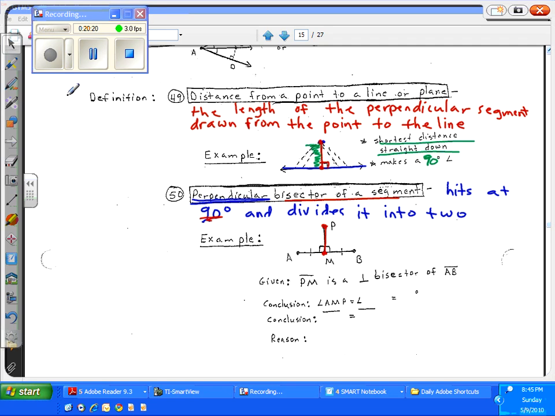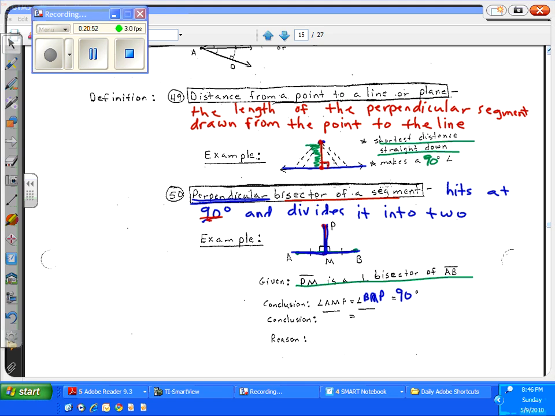PM is a perpendicular bisector of AB, given that, what can we conclude? We can conclude that angle AMP is equal to angle PMB. We can conclude that they're equal, and that they're both equal to 90.